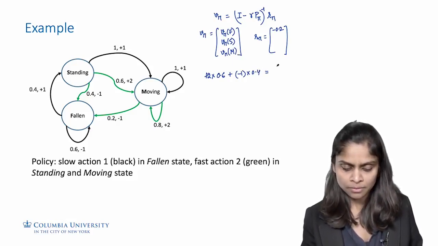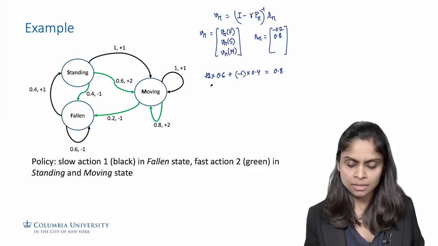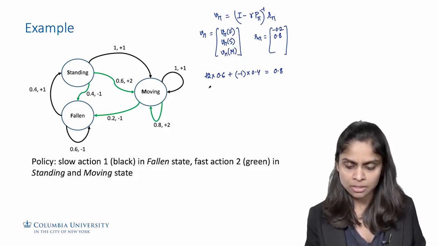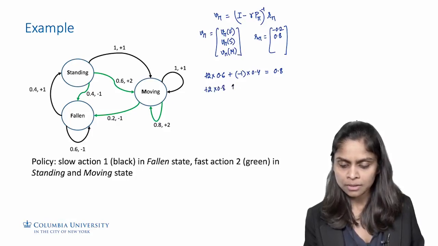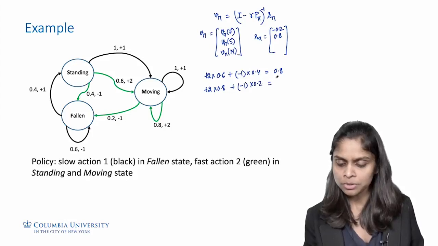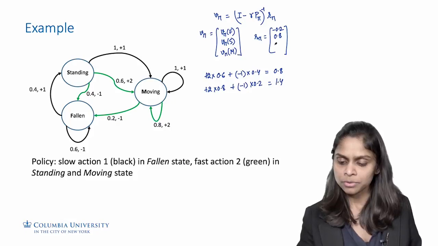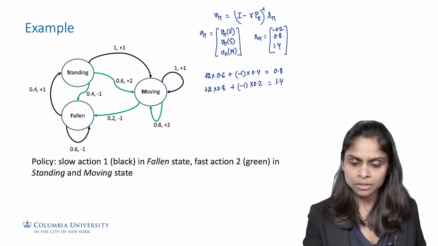So the expected reward here is 0.8. For the moving state, the expected reward of taking the fast action specified by the policy is plus 2 with probability 0.8 and minus 1 with the remaining probability of 0.2, and that gives us the expected immediate reward of 1.4. So we have formed our R pi vector.